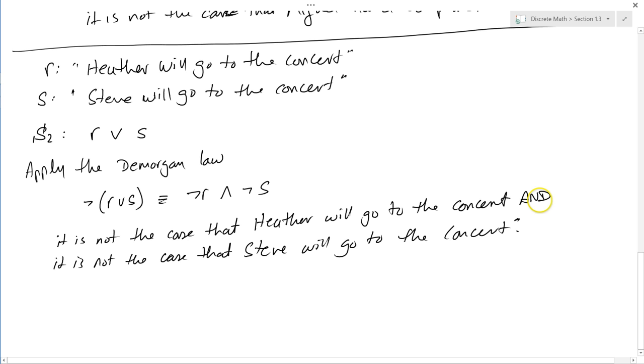And here is the negation of the original statement using the De Morgan's Law. And of course you can rewrite this by saying Heather will not go to the concert and Steve will not go to the concert, and that will also be logically correct.